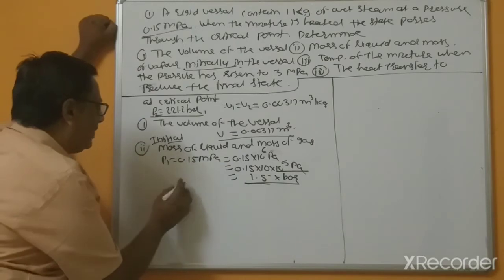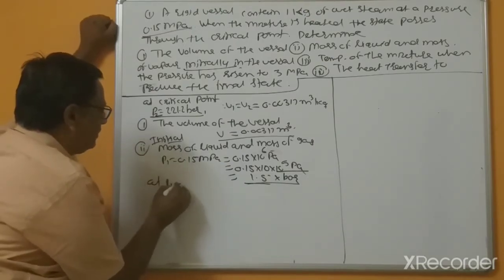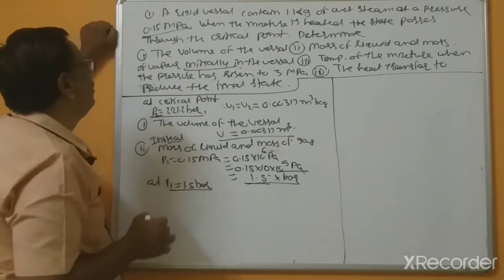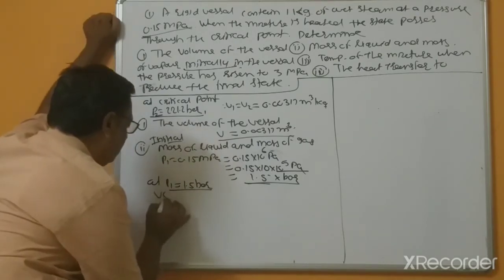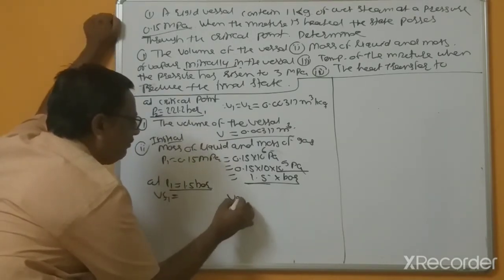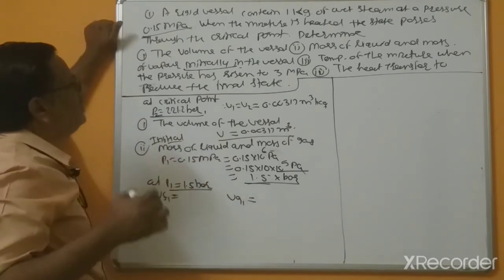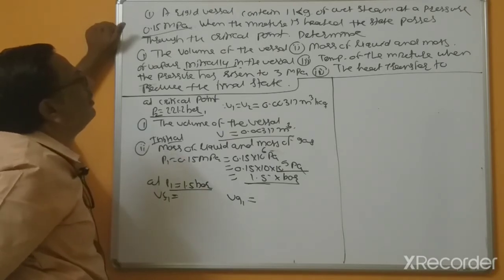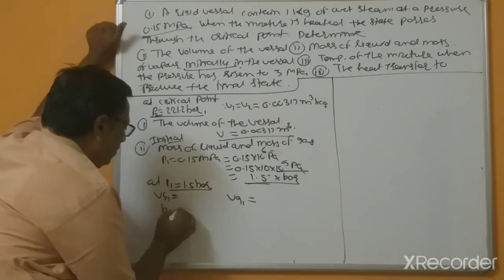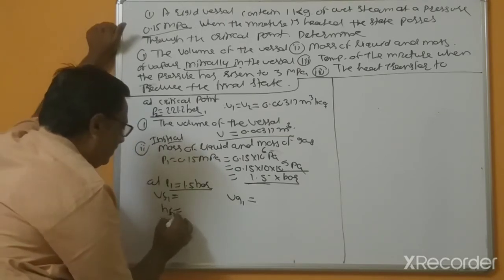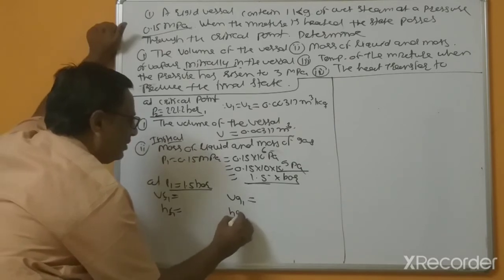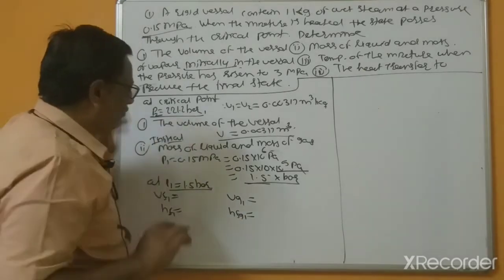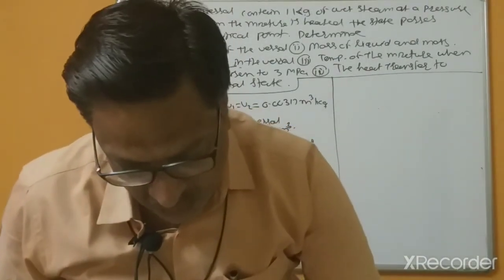Now at P1's 1.5 bar, what are the values of Vf1, Vg1, Hf1 and Hfg? Because the weight is given, we request these values from the steam tables.